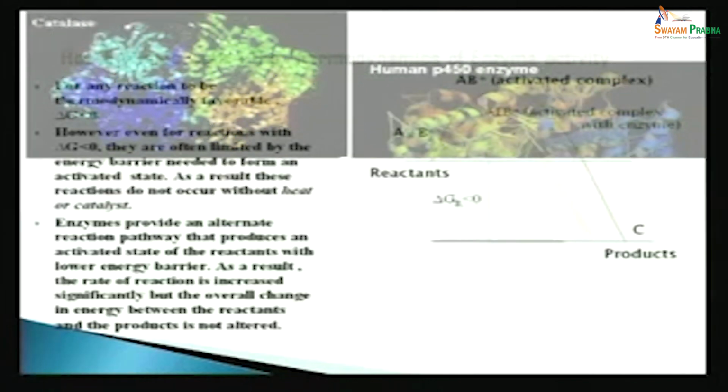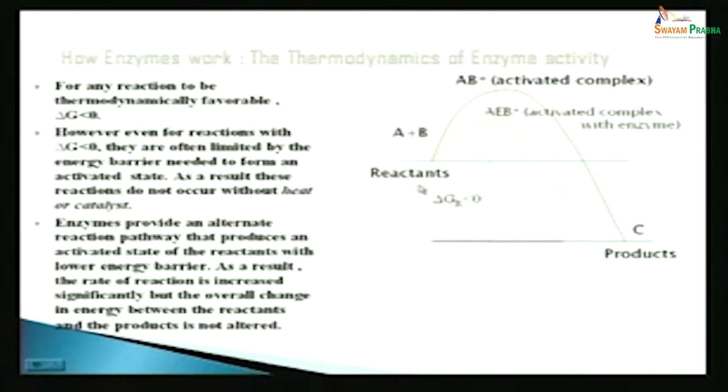And if I go back to this slide, as I said, if you have a reaction of A plus B going to C, the reaction has to go through an activated complex AB+, and a threshold energy is needed to cross the activation energy barrier, and the product that is formed is C from there.